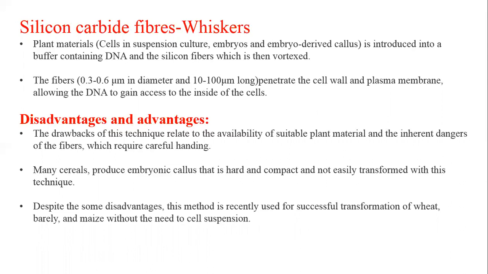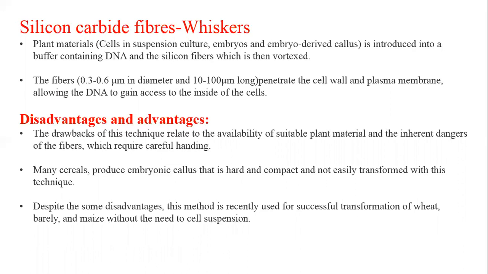The drawbacks of this technique are the availability of suitable plant materials and the inherent danger of the fibers, which requires careful handling. Many cereals produce embryonic callus that is hard and compact and not easily transformed by this technique.